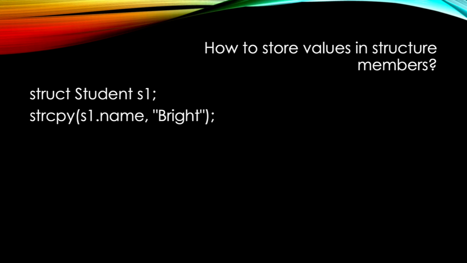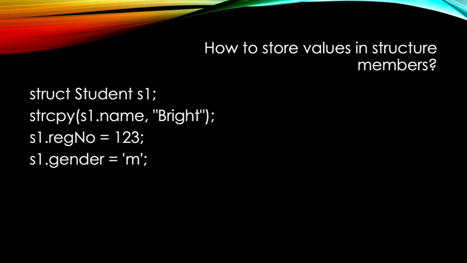So we have to access the members of the structure. Say that name is bright, gender is male, for example M, register number is 123. So we do it like this: the structure variable dot member name equal value. That is the syntax. This is how to store values in the structure member.